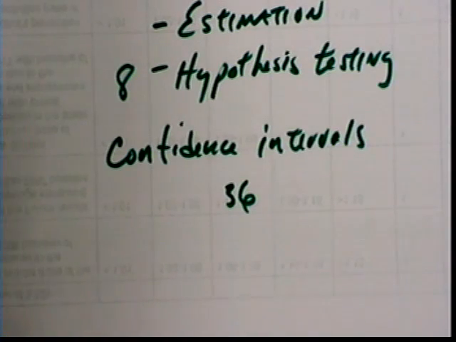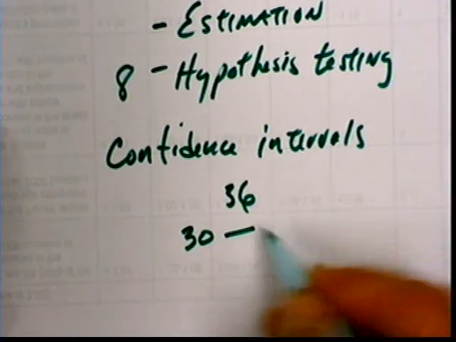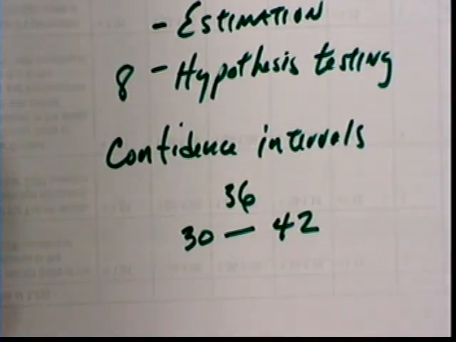But if I tell you that the average age of a group is from 30 to 42, a lot of times that gives you more information about what kind of people, or what kind of situation you're going to be dealing with. And so those are called confidence intervals. We're going to talk about how to work with those in the next session on this Chapter 7.